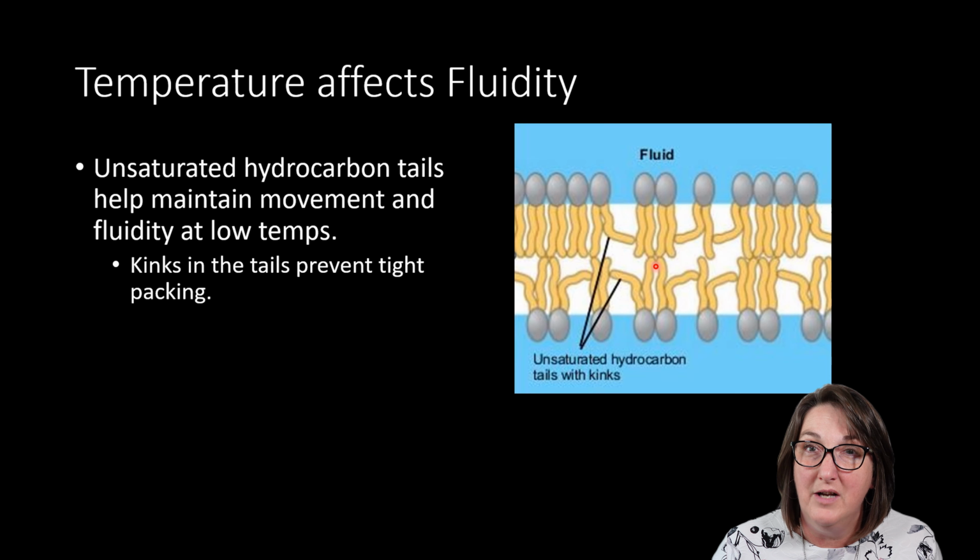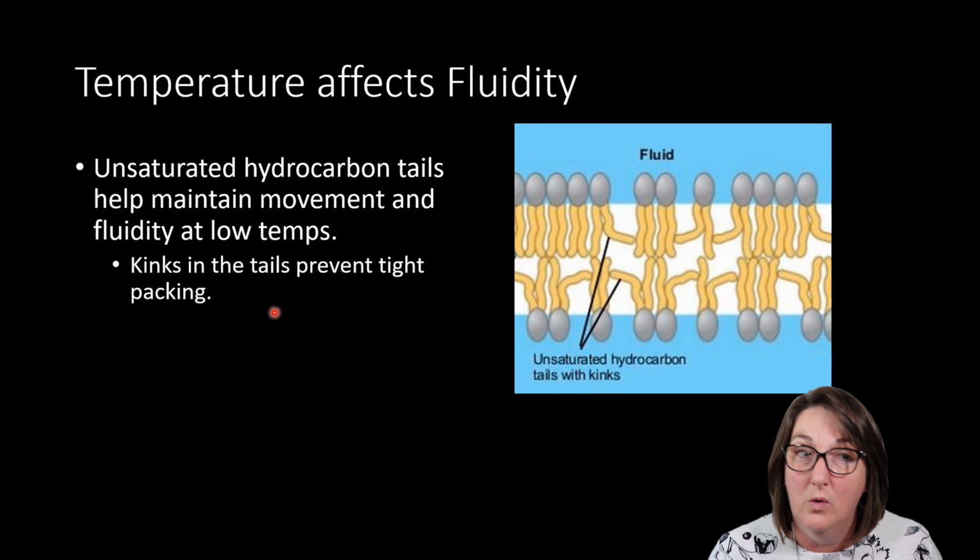Fish have unsaturated fats. Those are these tails that kink out, and it prevents the cells from kind of freezing. It's going to allow them to be in colder water. It's not going to allow these to pack real tight together. So these are going to benefit animals or fish that live in really cold environments.